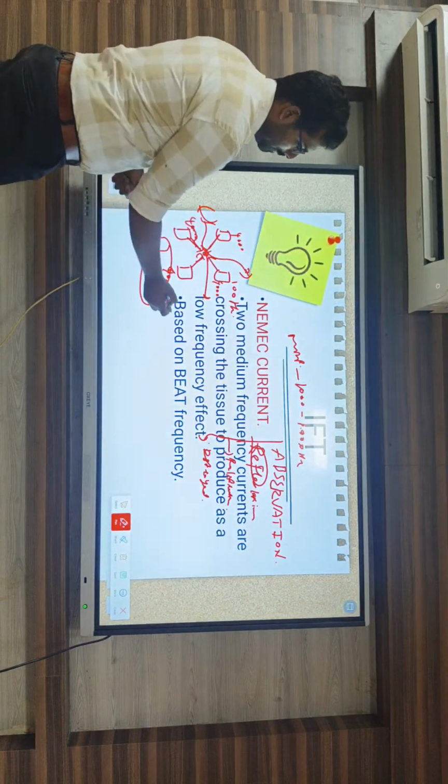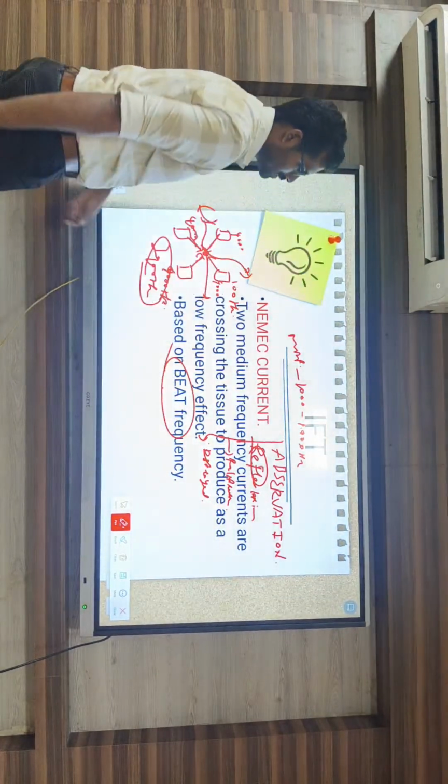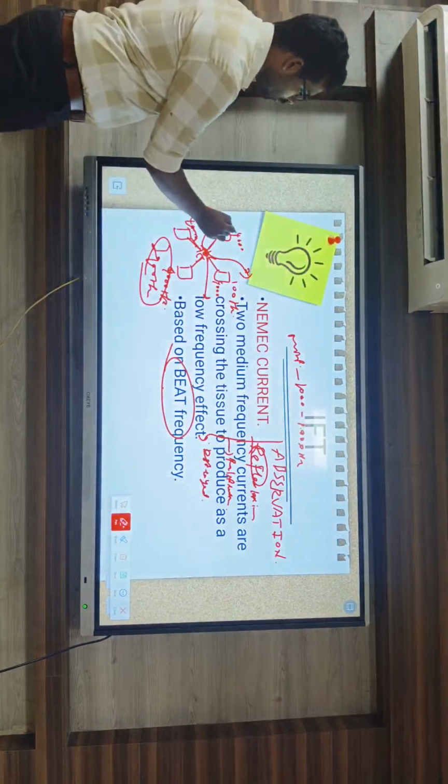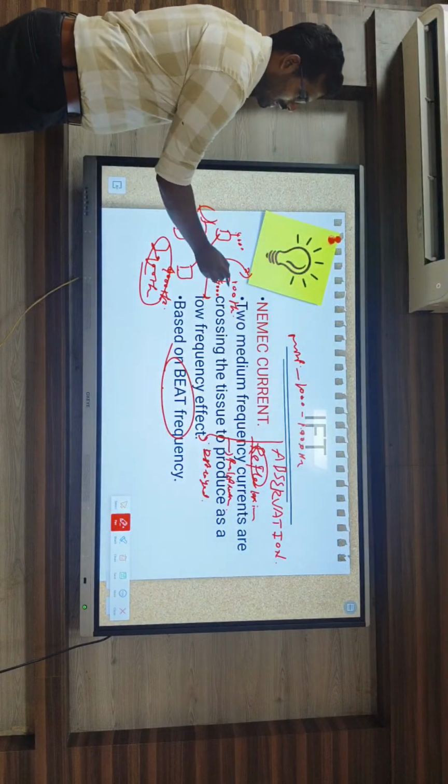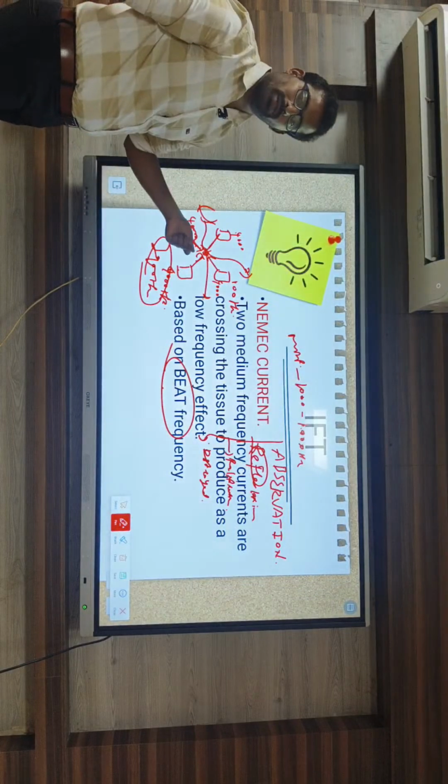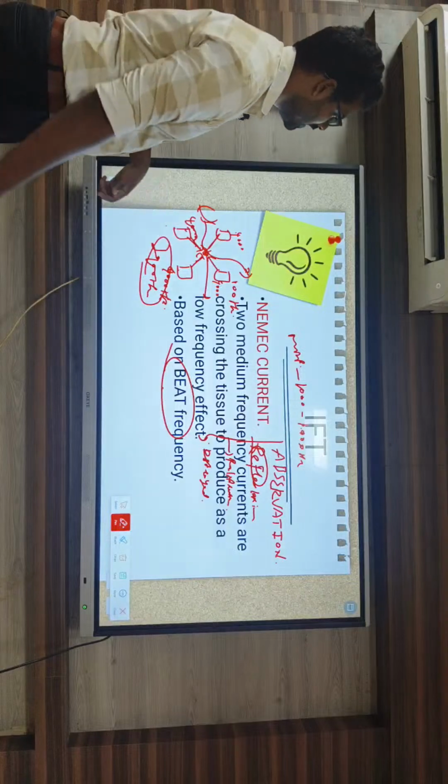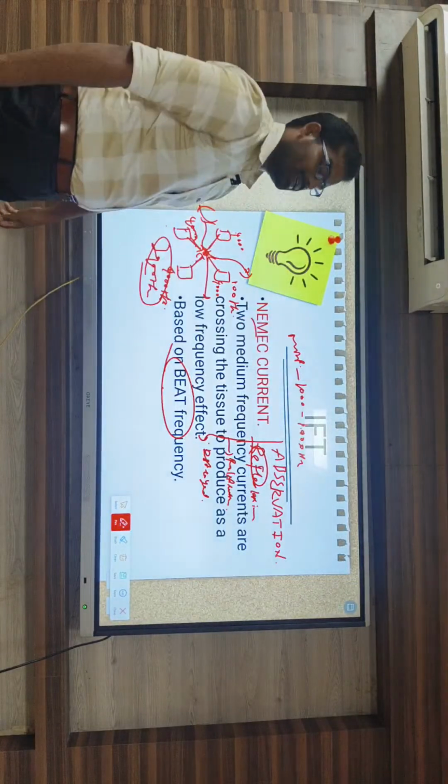That is the portion of beat frequency. Based on this beat frequency, 2 medium frequency currents cross to the muscle tissue and produce the low frequency effect. That is the IFT, otherwise known as Nemec current.